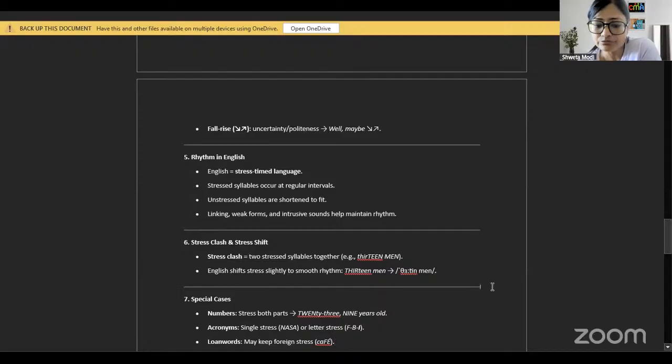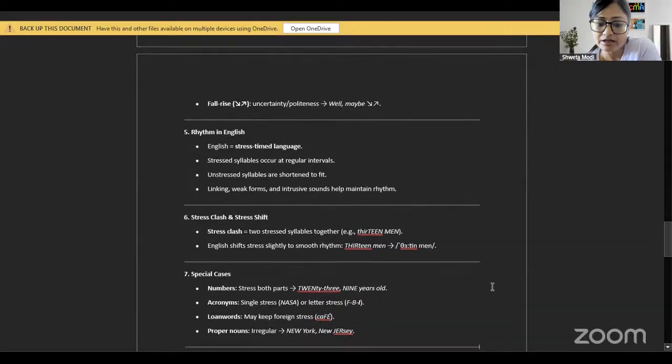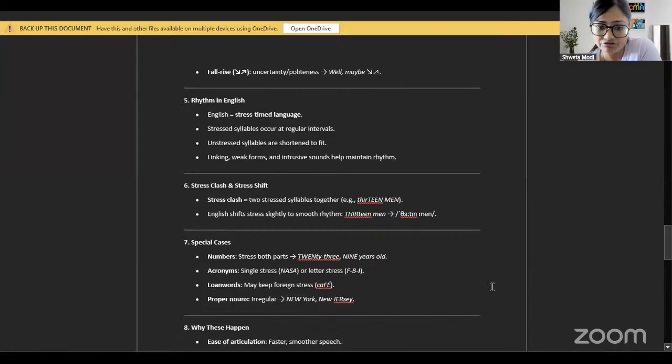How you want to communicate, and how you are giving that information, will decide the rhythm of your sentence. So in the first example, thirteen men. Now, as I told you in the beginning, how you stress changes the meaning. It all shows in what context and with what reference you are speaking.